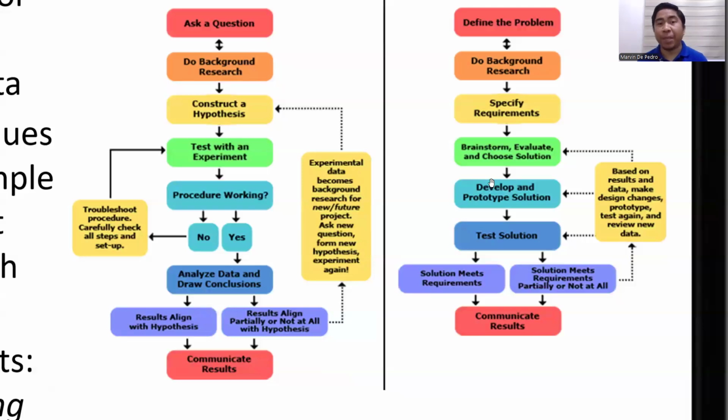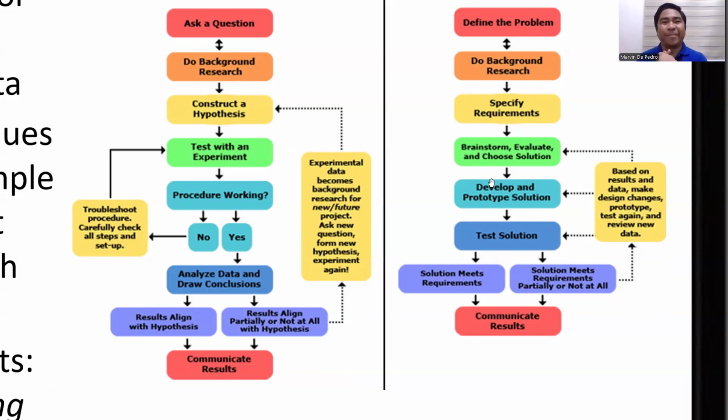Probably we can repeat the experiment in another scenario, like another setting, another place, another time, another type of environment. So another set of parameters.